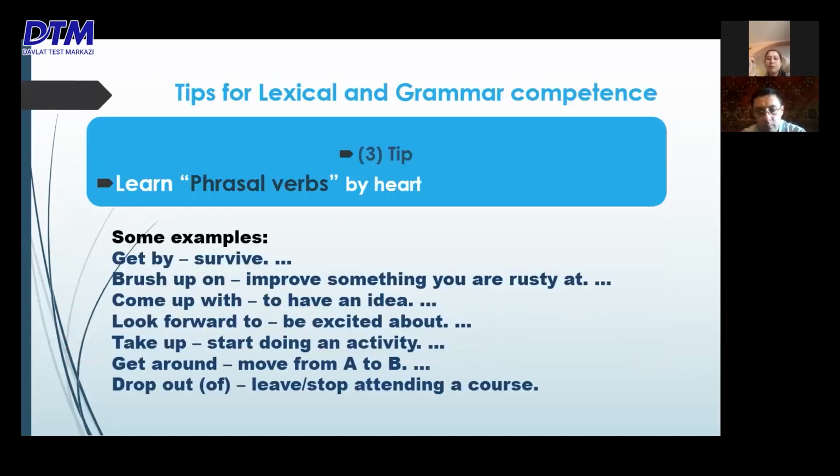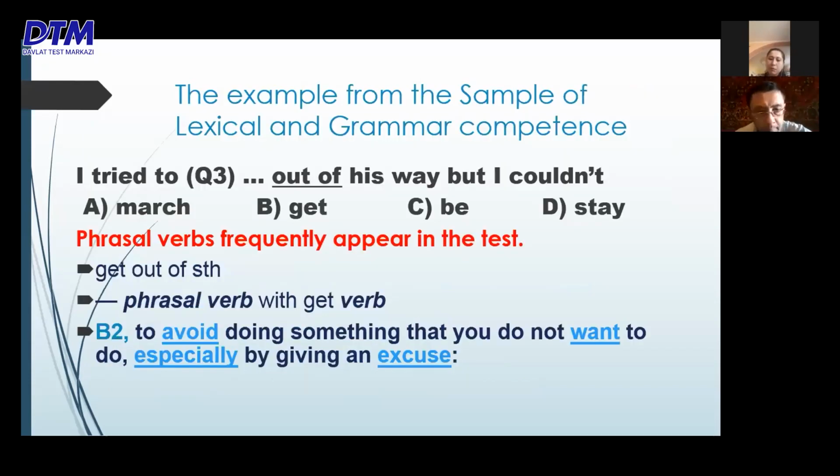Okay, our next tip is learn phrasal verbs by heart. Here are some phrasal verbs, and you know that they are very common in spoken and written language. So let's look at the example. Okay, I tried to out of his way, but I couldn't. So let's look at the answer.